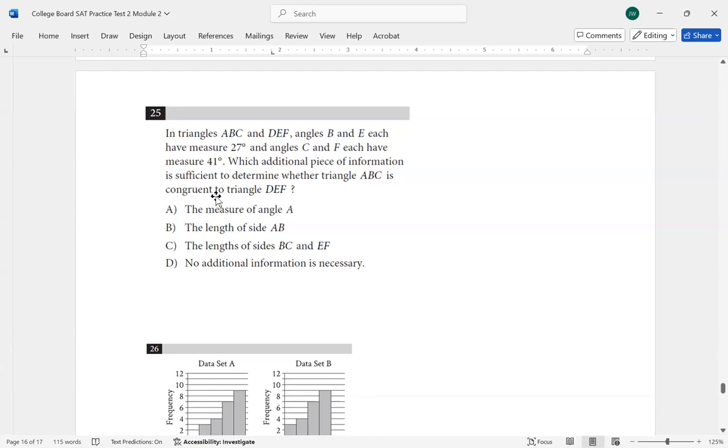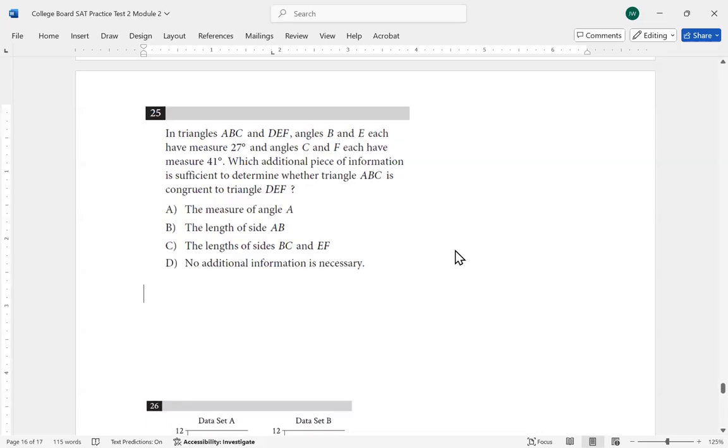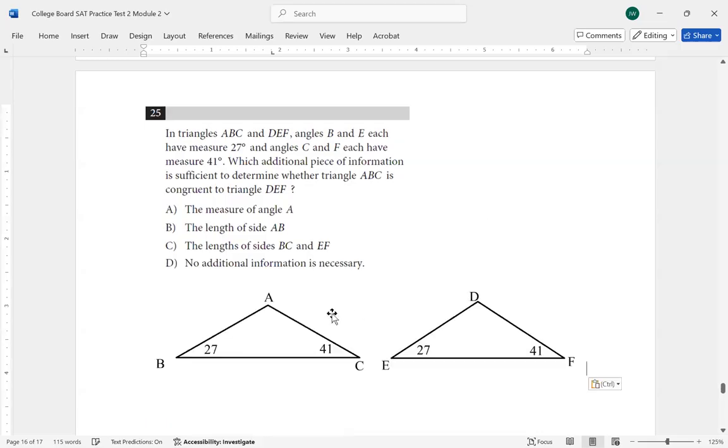Congruent triangles have the angles all the same and also the side lengths the same. Let me insert a little picture here. There we go. So this is how I drew it. You could draw it differently.